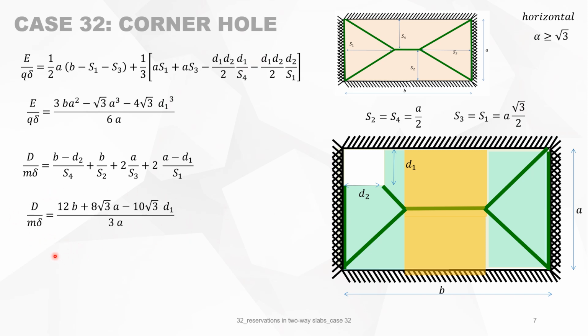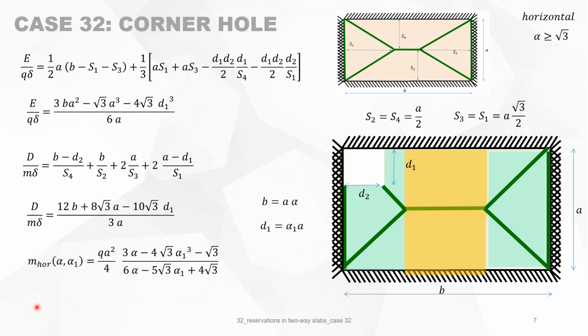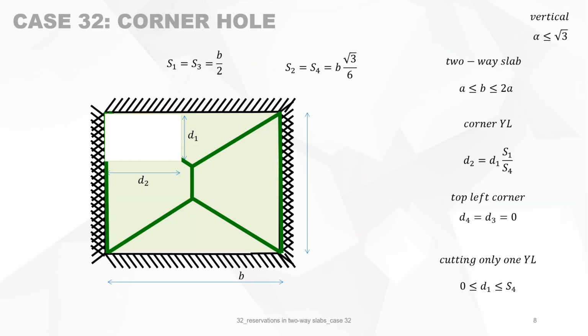Substituting for S2, 3, and 4, and S1, you have this expression. And when E is equal to D, you can find M, but we use dimensionless parameters. So we've got this expression for M horizontal.